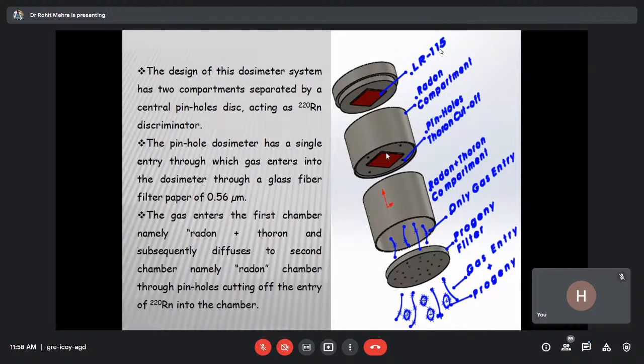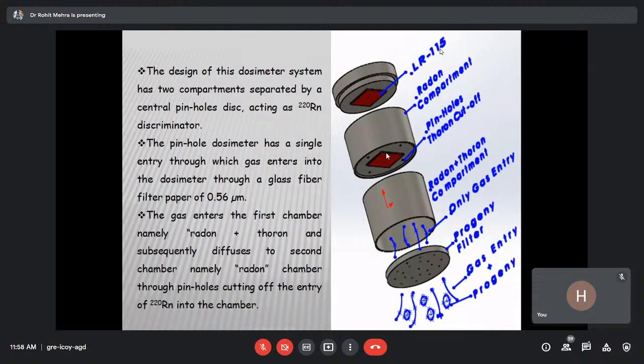So we remove it after a few days, and then we use some equilibrium factors. Just for your knowledge sake, it's not the exact factor, but if it is one track per centimeter square per day, we deployed for 90 days, and we know the size of the detector per centimeter square.